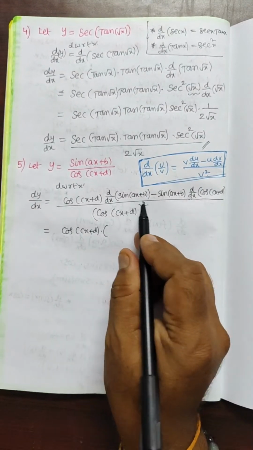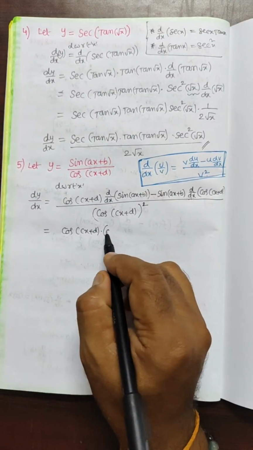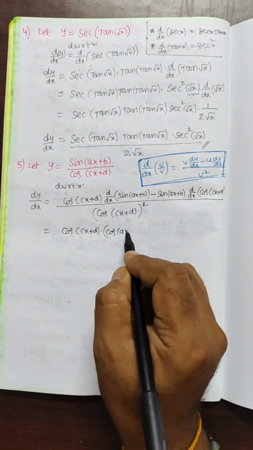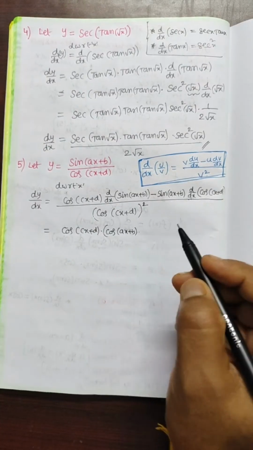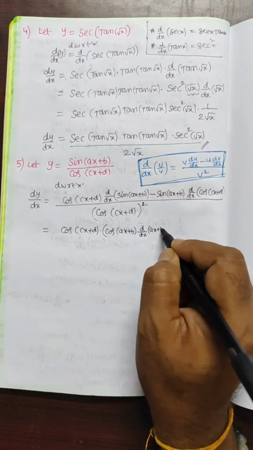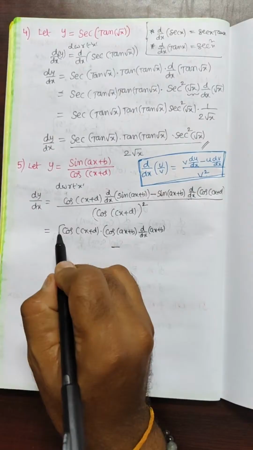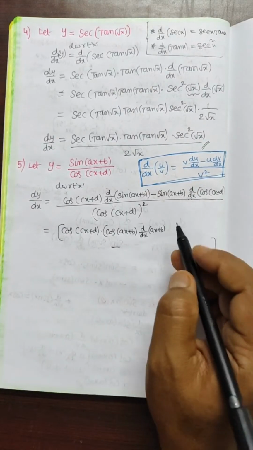D by dx of sine x is what? Cos x. So d by dx of sine of ax plus b is cos of ax plus b into again d by dx of ax plus b. You have to write it. Minus which is in the numerator itself, dear students.